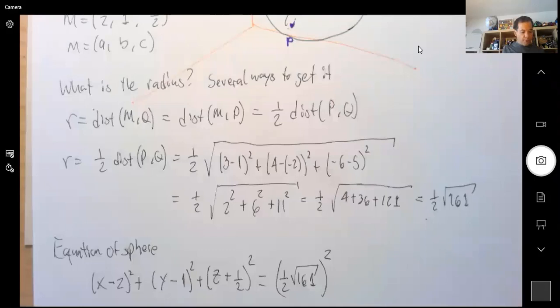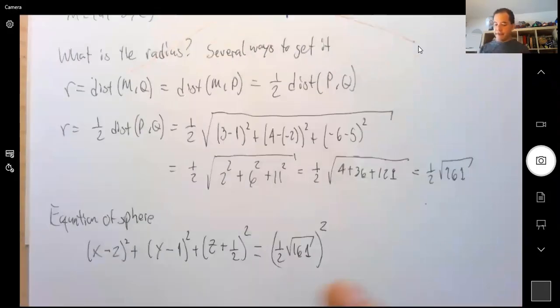Now, we also have the opposite problem, which is, what if I give you this, and I ask you, what is this? What does this represent? And then you need to tell me, oh, that's easy. This is a sphere with radius 1/2 of root 161, and centered at the point with coordinates 2, 1, negative a half, right?